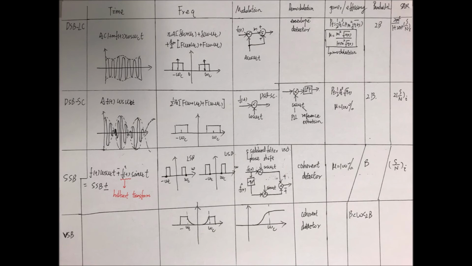The double sideband large carrier modulator looks like this, right? You have the signal mixed with cosine omega c t here, and you have the pure carrier added to the modulated signal. So this is my modulator side.